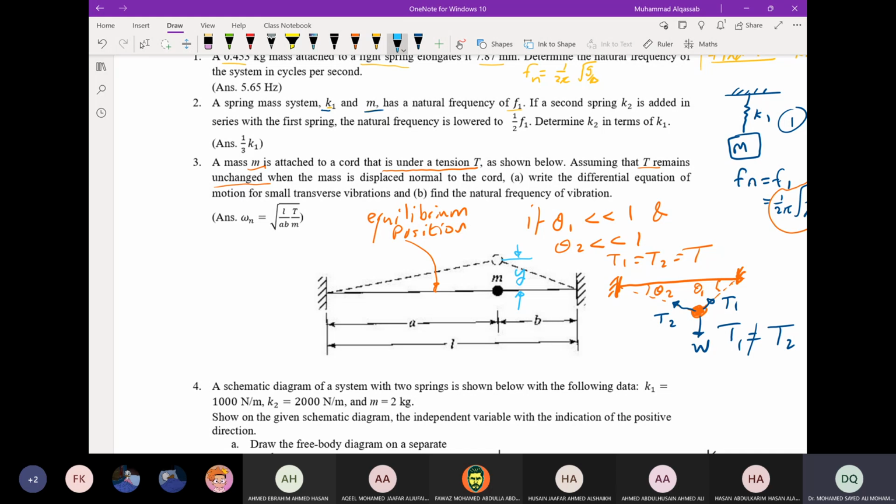You know, if this is against gravity, and you have this cord, and gravity is downward, G. Okay, if you put a small force, this will sag. If you put a mass M, it will sag.